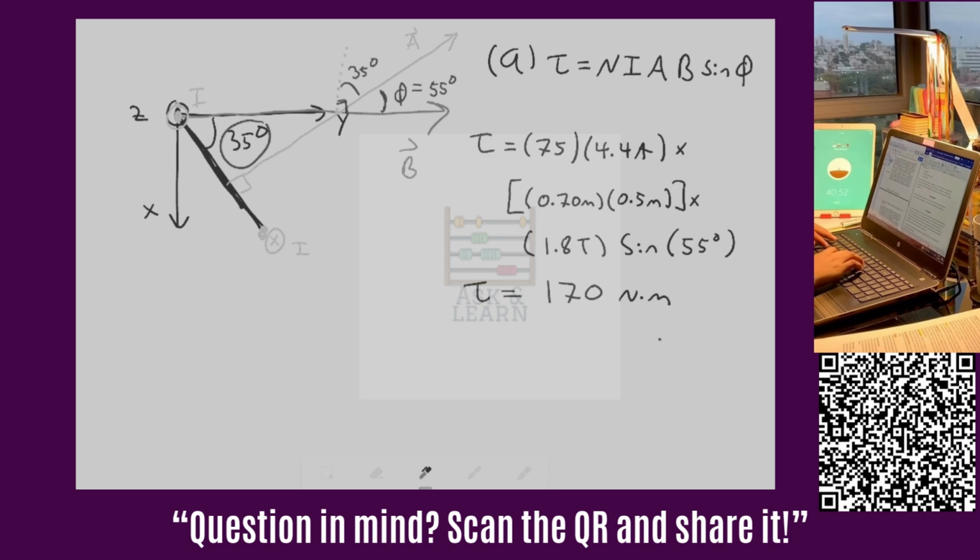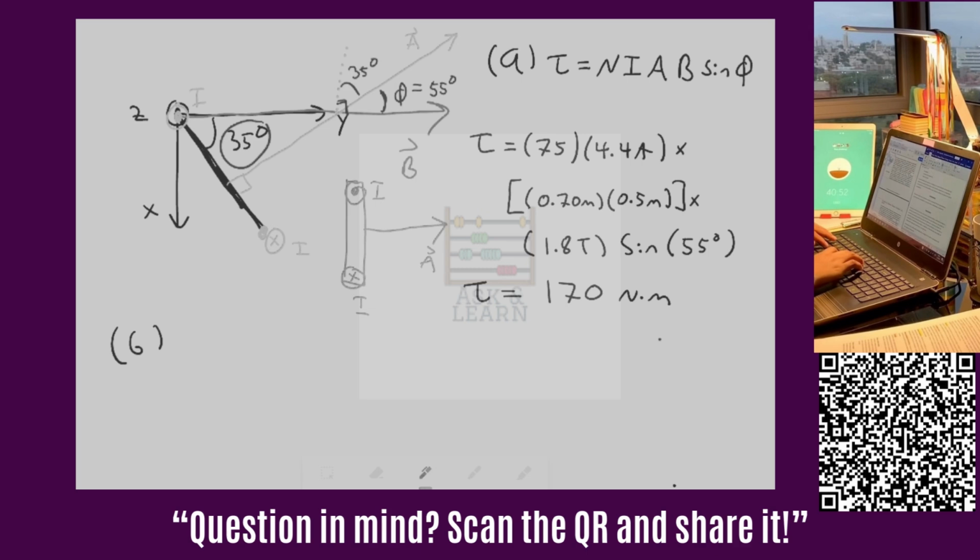Now the question for part B is, is the 35-degree angle increasing or decreasing? Remember, from the textbook, we know that if we can determine the direction of the normal, then coils are going to rotate such that the direction of the normal aligns with the external magnetic field. Let me draw a little purple coil here. If we want the normal to be aligned with the magnetic field, that means the coil must rotate to orient itself like this, where our current is still heading out of the page on this side and into the page on this side.